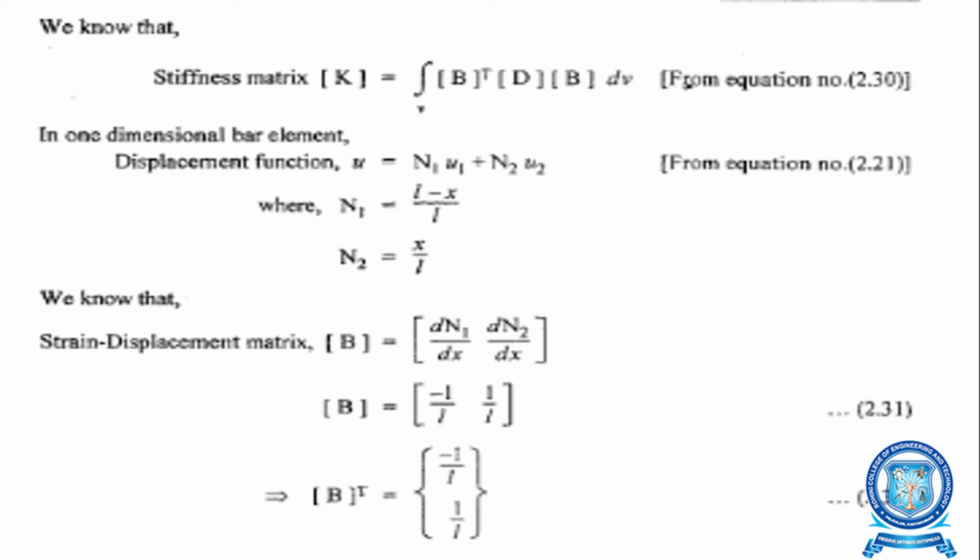Here u is equal to N1 u1 plus N2 u2, where N1 is equal to L minus x by L and N2 is equal to x by L. So the strain displacement matrix B is dN1 by dx, dN2 by dx, which is the matrix of minus 1 by L and 1 by L. For B transpose, the row changes into a column: minus 1 by L and 1 by L.